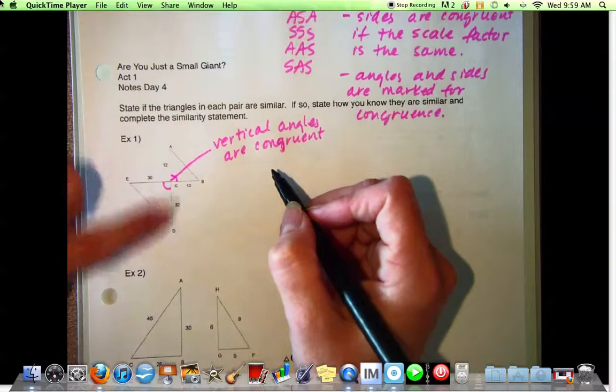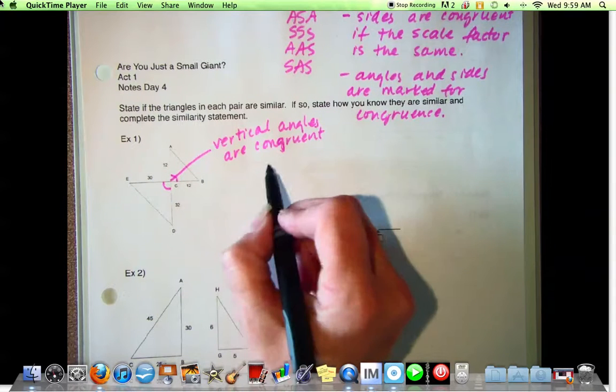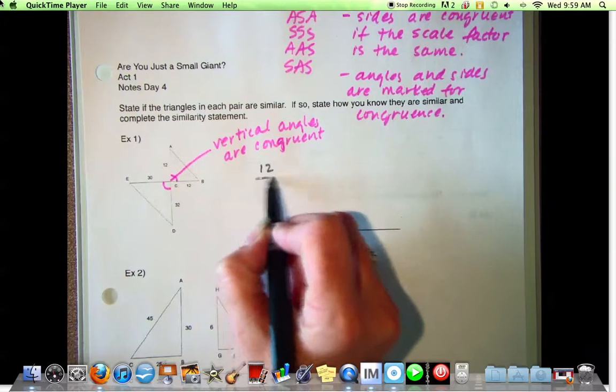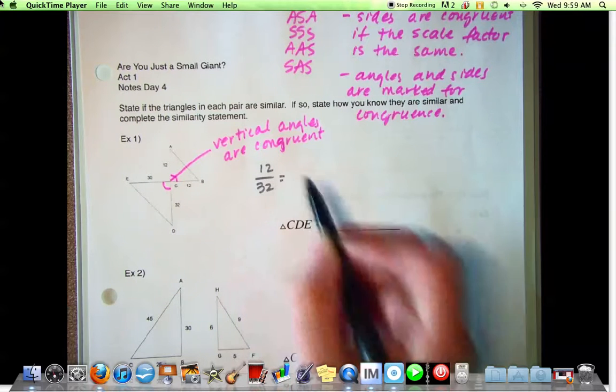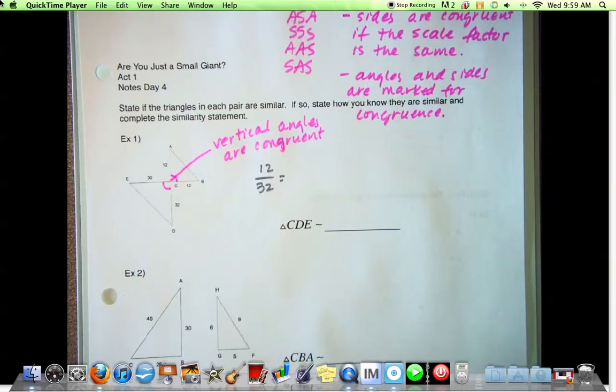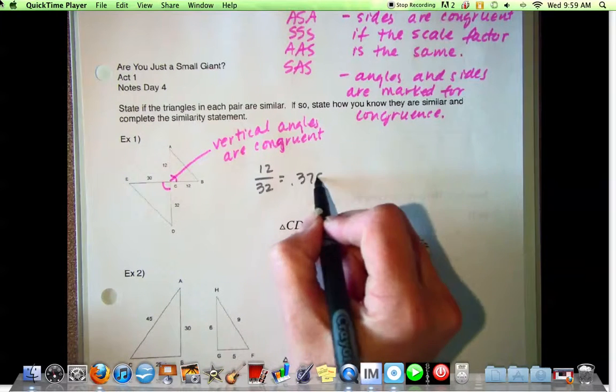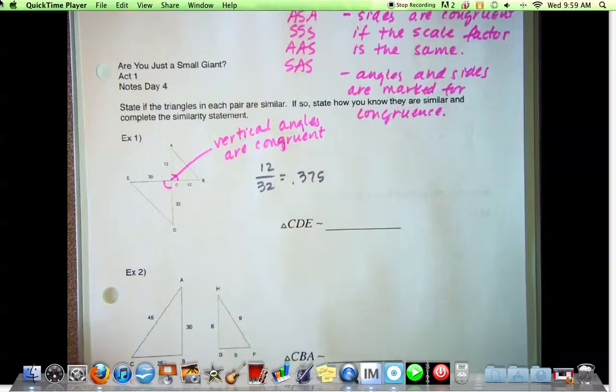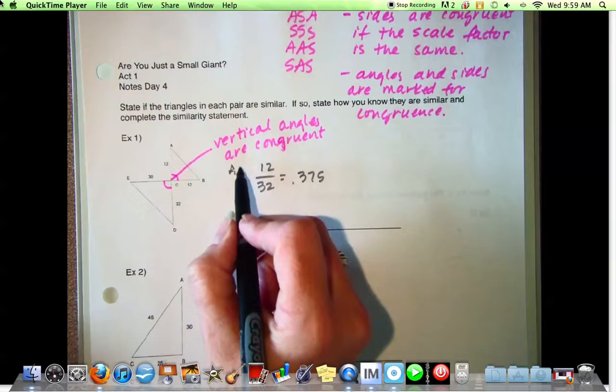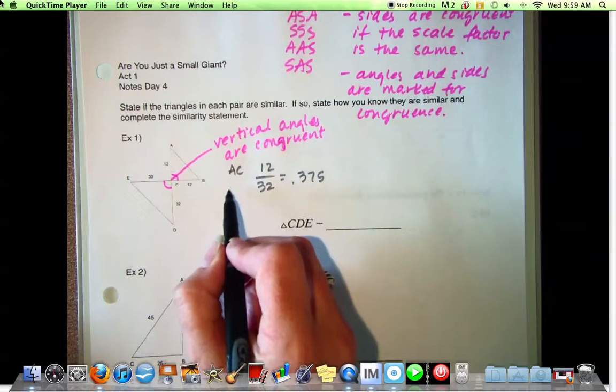You can say DC or CD, either one's correct. So, 12 to 32 gives us a scale factor of what? 0.375. Okay? So this was comparing side AC to side DC.